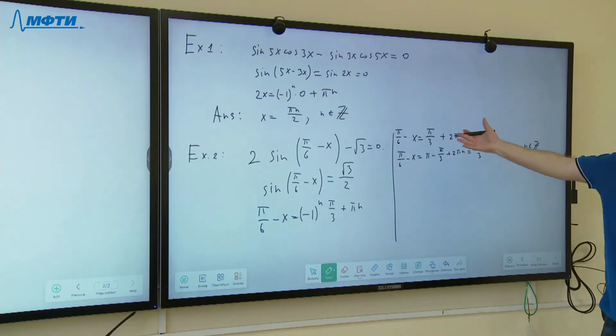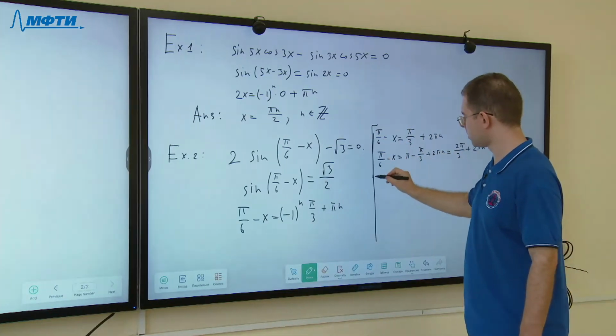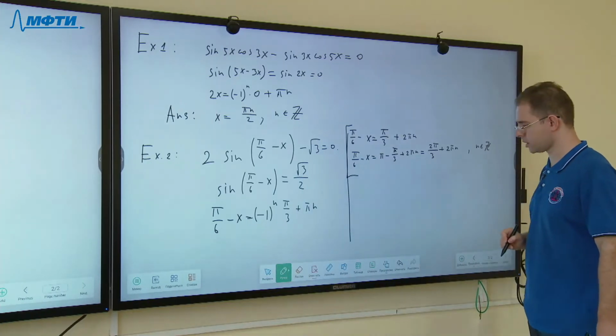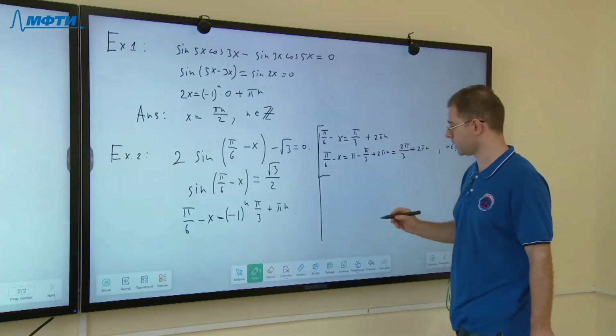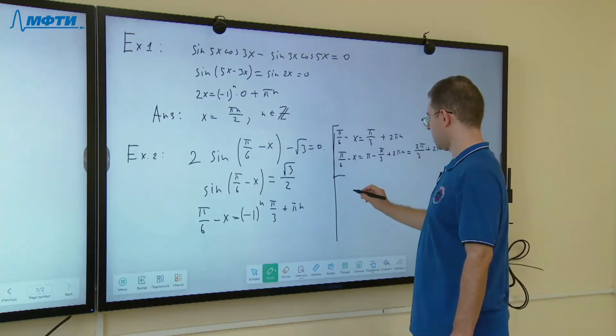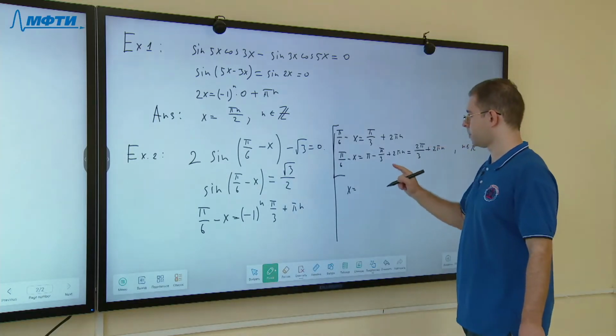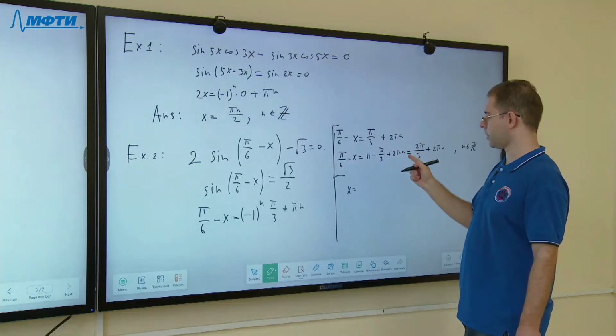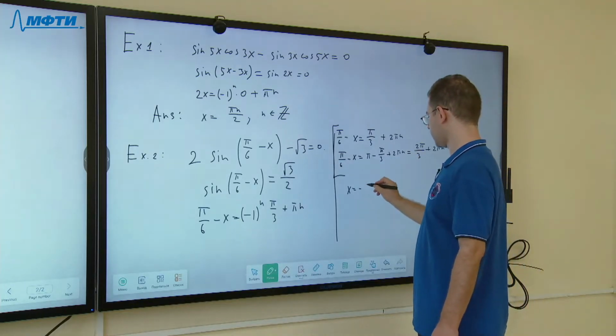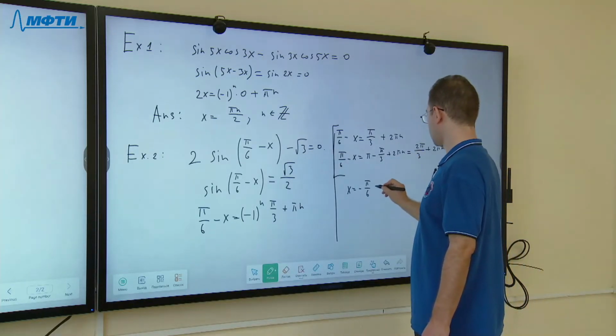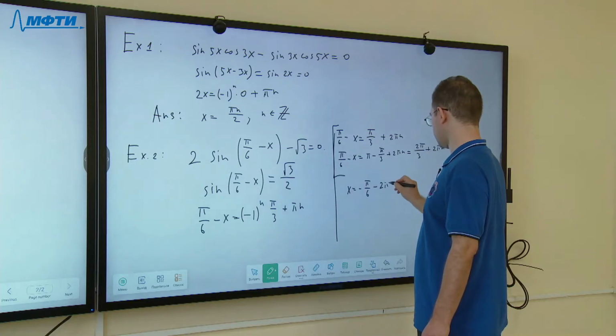Now from those two equations, I will express x. So from the first one, x is pi by 6 minus pi by 3. This would be minus pi by 6 minus 2 pi n.